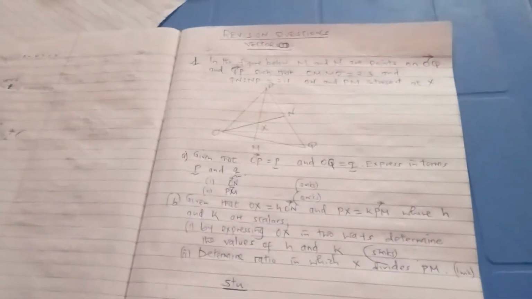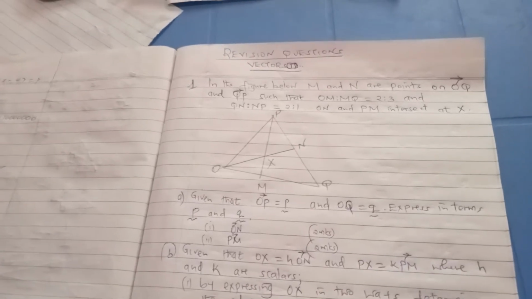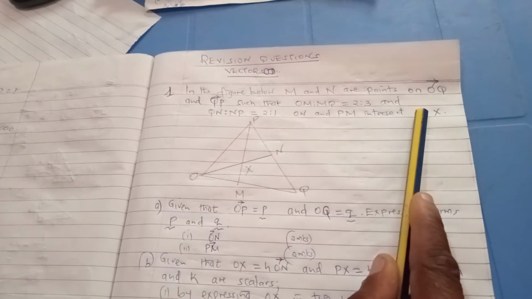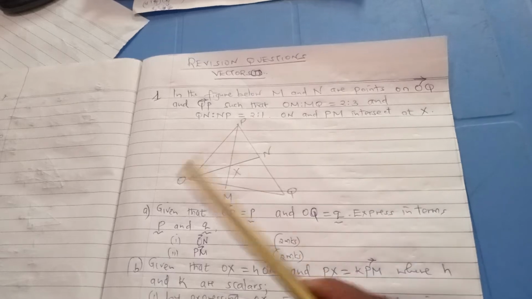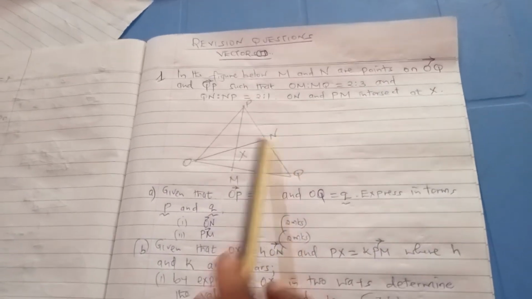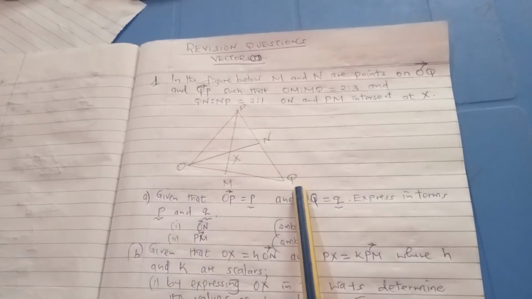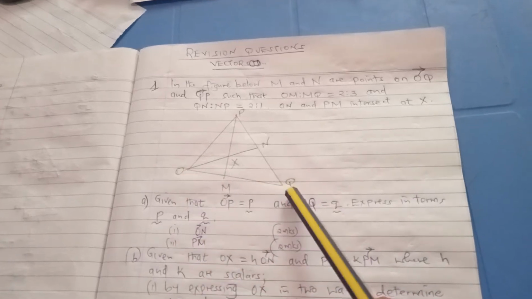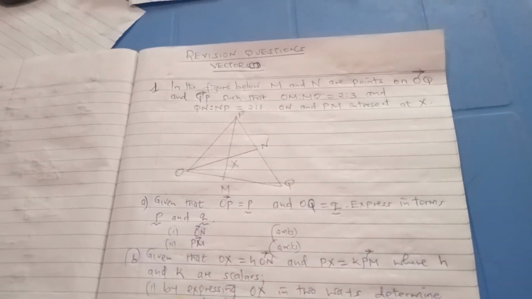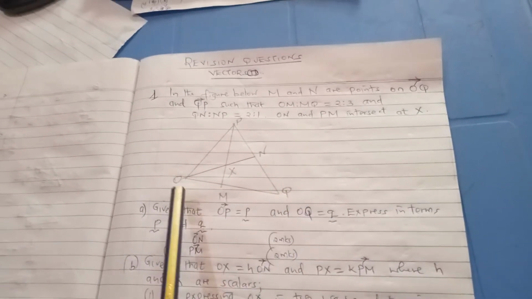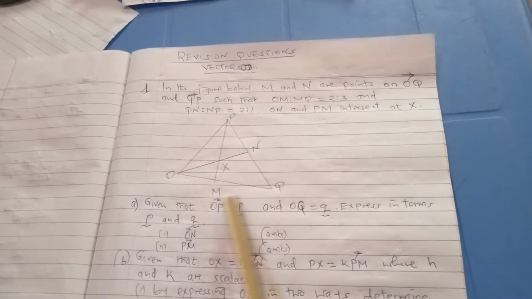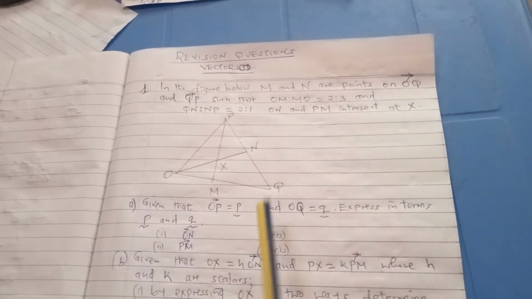So we have our question 1. This is our first question. You are told in the figure below, M and N are points on OQ and QP such that OM is to MQ is 2:3.